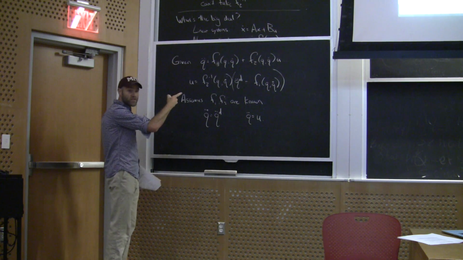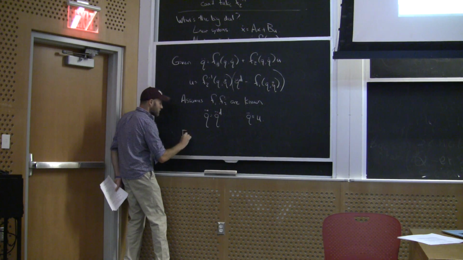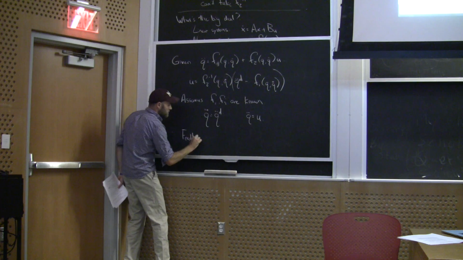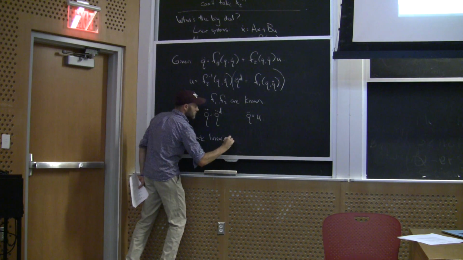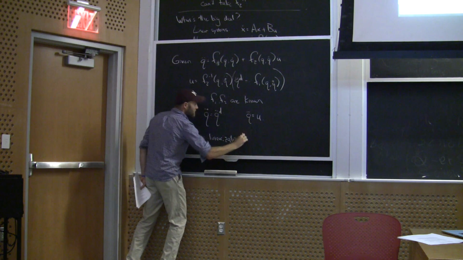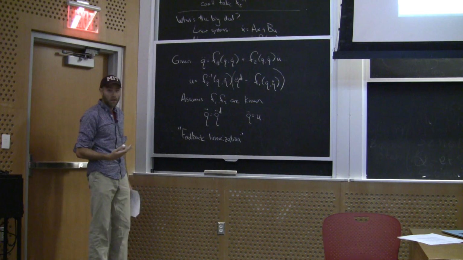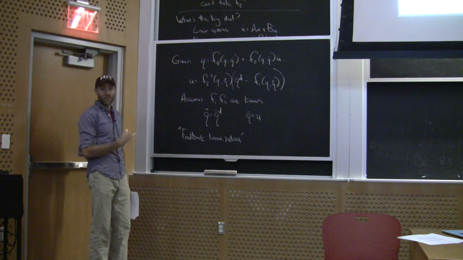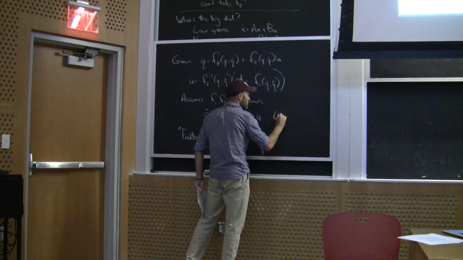Okay, so this is a simple trick, right? It's known as feedback linearization. I can give a feedback control law that turns my nonlinear system into a linear system. Not just any linear system, this is the trivial linear system.